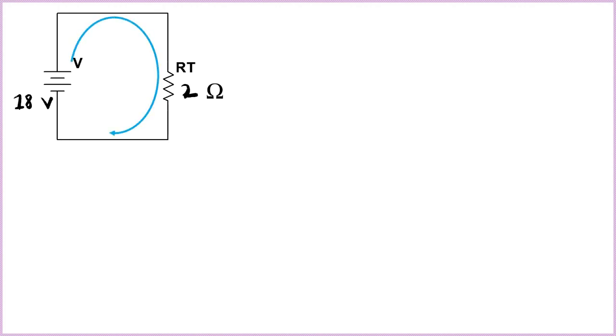And the total current flowing through the simple circuit is our current IT. Okay, so the formula from Ohm's law is IT equal to VT over RT. We just substitute VT with 18 volts and RT of 2 ohms. Our total current now is equal to 9 amperes.